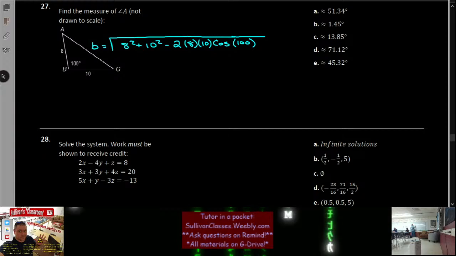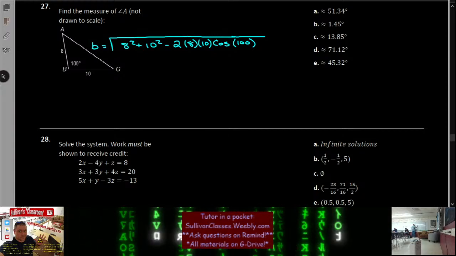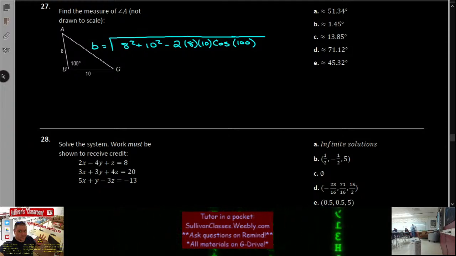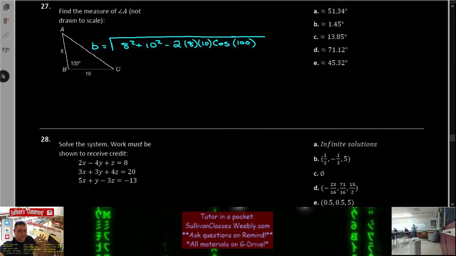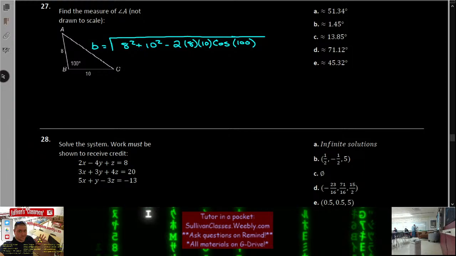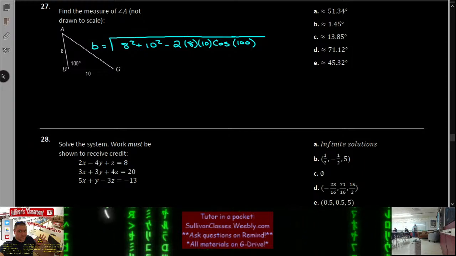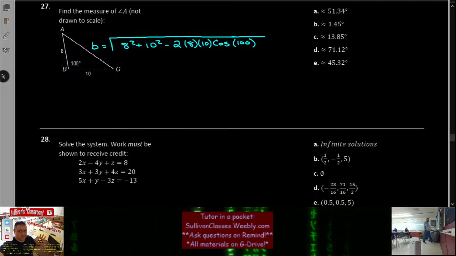And then we got a squared is b squared plus c squared minus 2bc cosine of A. Good call.